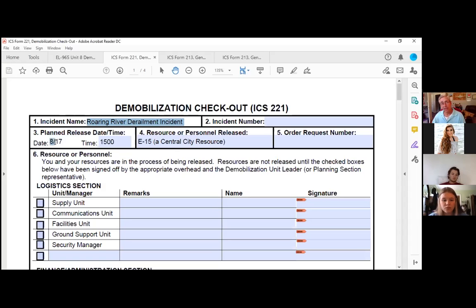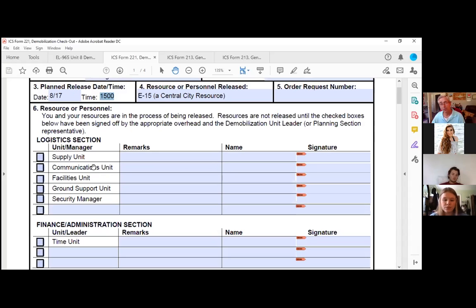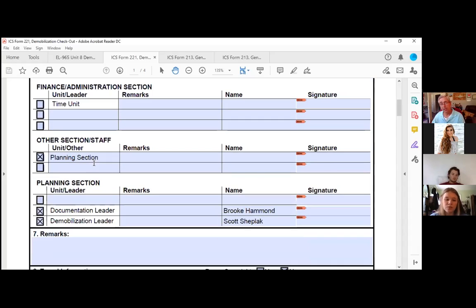They're planning a release date, August 17th at 1500 hours. And then in this part of the form, these are all the people that have to sign off on that particular resource being released. And I selected someone from the planning section to sign off on that. The planning section leader is who I intended.